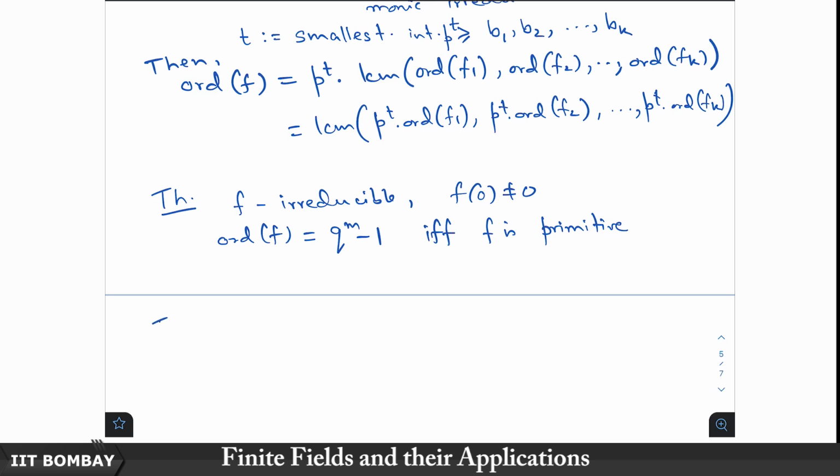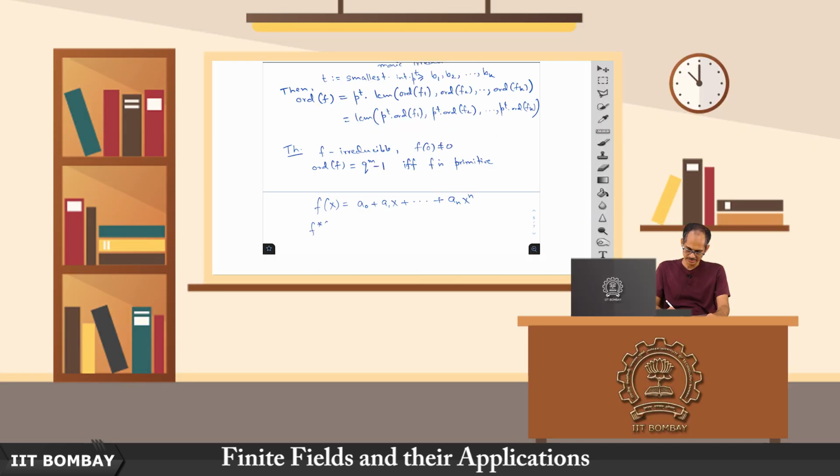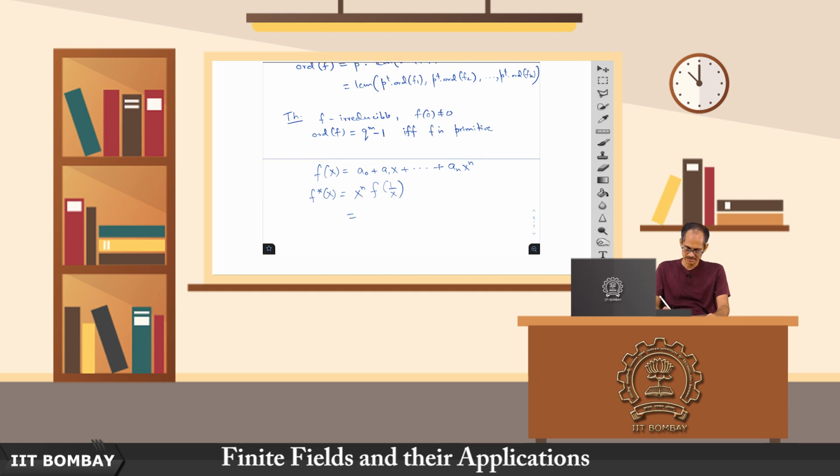So, another relation that is of importance is in the context of reciprocal polynomials. What is a reciprocal polynomial? If we have a polynomial f(x) which is a_0 plus a_1 x plus up to a_n x^n, its reciprocal polynomial is defined as f*(x), which is equal to x^n times f(1/x), but it is easier to see as the same as a_0 x^n plus a_1 x^(n-1) plus up to a_n.